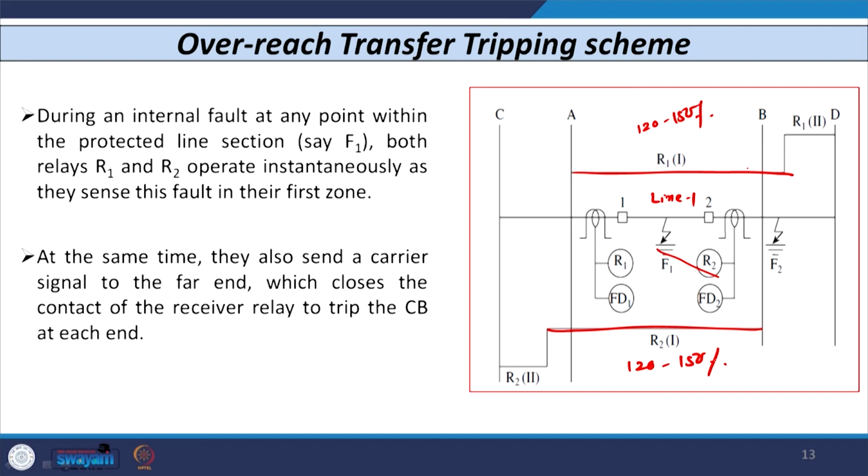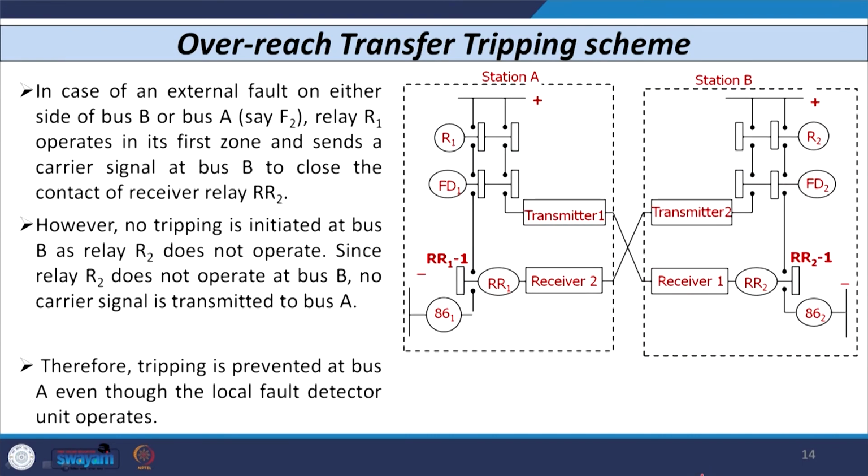So, whenever any fault occurs at F1, both relays R1 and R2 will sense this fault in their first zone, and the fault detector units FD1 and FD2 will also sense the fault, and these two contacts will close, and hence direct tripping is initiated on each side. Now, how is the tripping initiated in case of the internal fault?